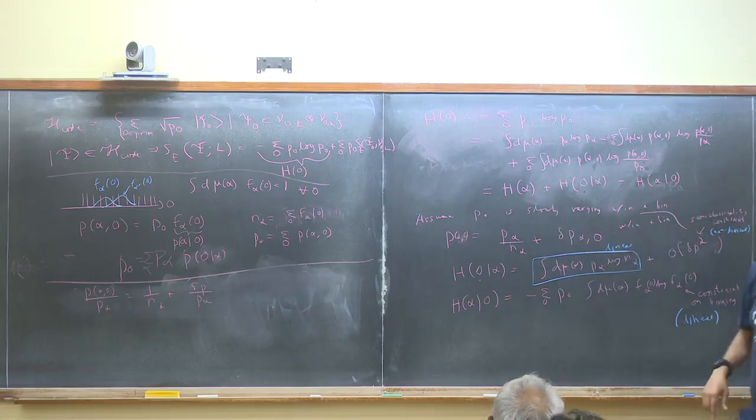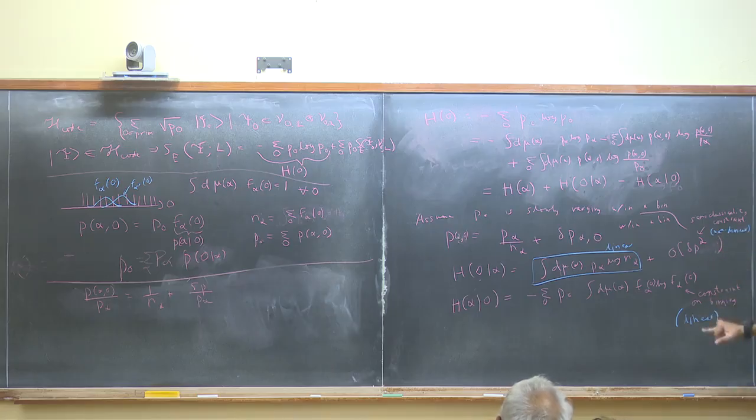That's the area. But then what is this additional stuff here? These are corrections. These corrections have to be small, and them being small is two different constraints. One is a constraint on my binning procedure, which is a linear constraint, and there is a constraint on the state being sufficiently semi-classical, which is a non-linear constraint.